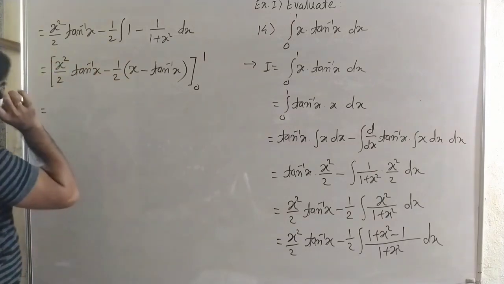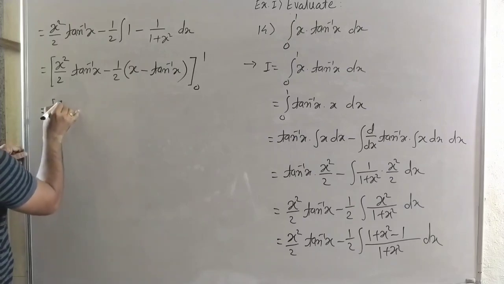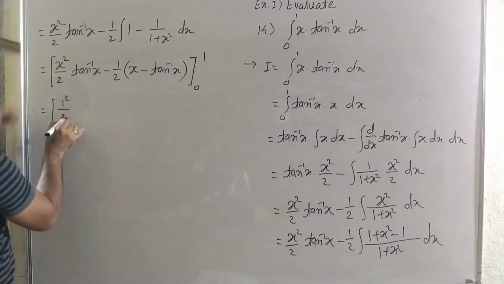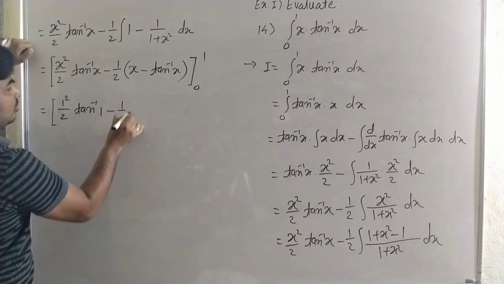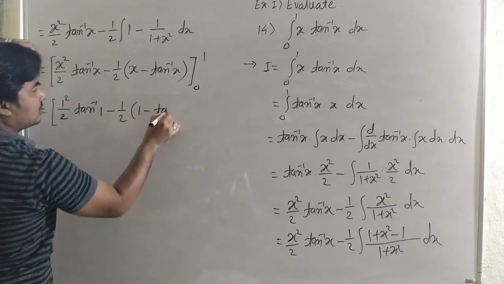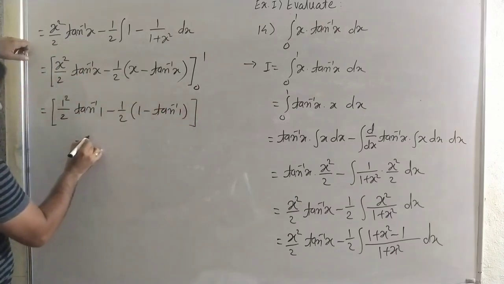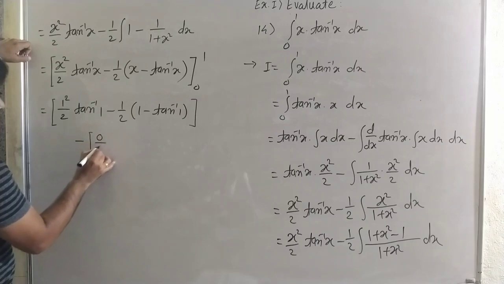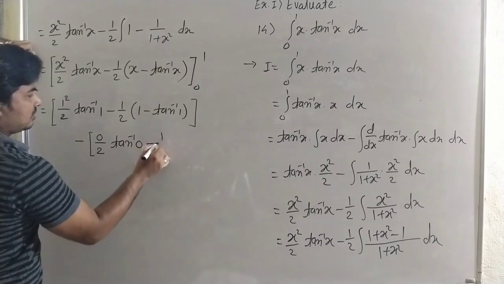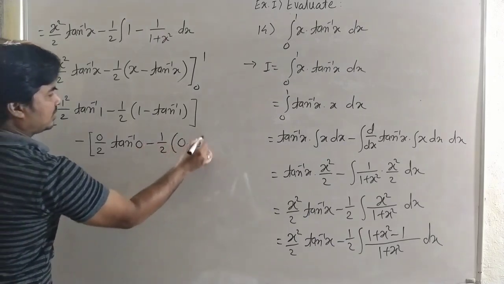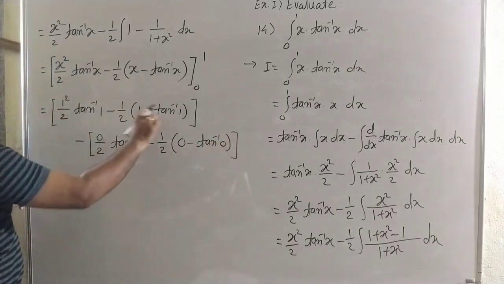Okay, then first we write the upper limit, then minus lower limit. 1 square by 2 into tan inverse of 1 minus 1 by 2 into 1 minus tan inverse of 1, it is the upper limit, minus 0 square upon 2 into tan inverse of 0 minus 1 by 2 into 0 minus tan inverse 0. It is the lower limit, upper limit minus lower limit.